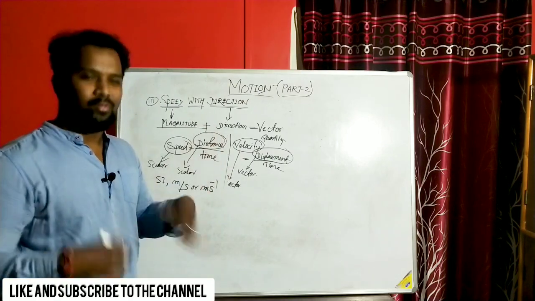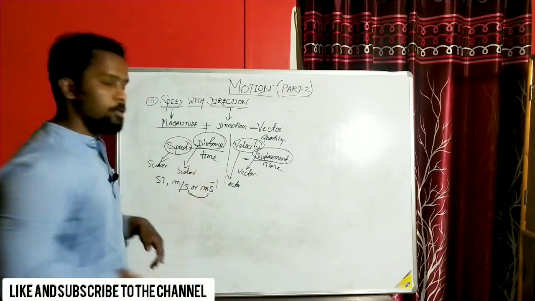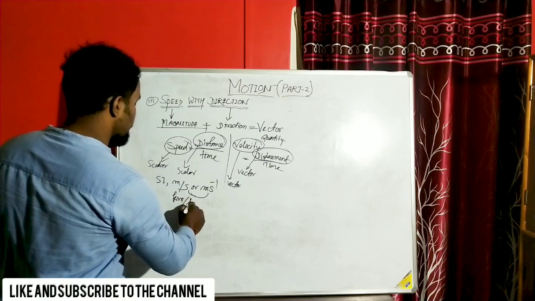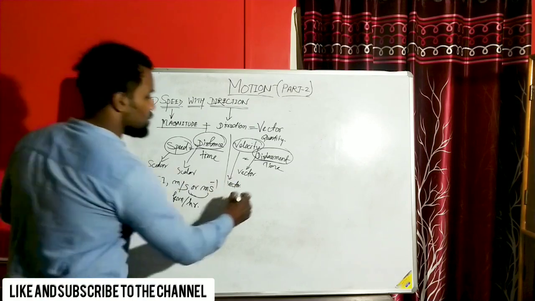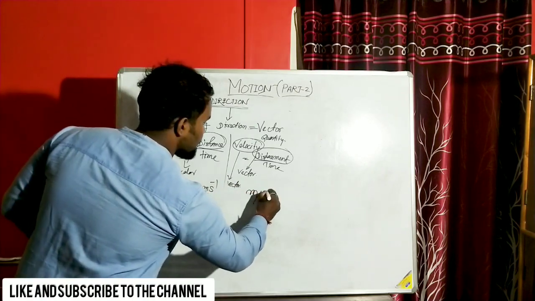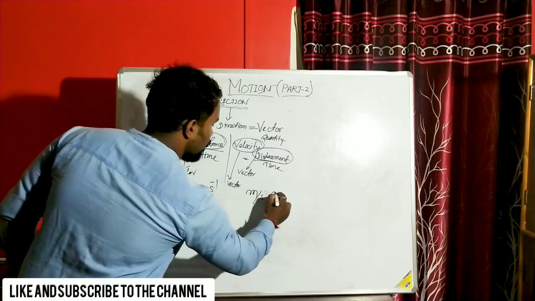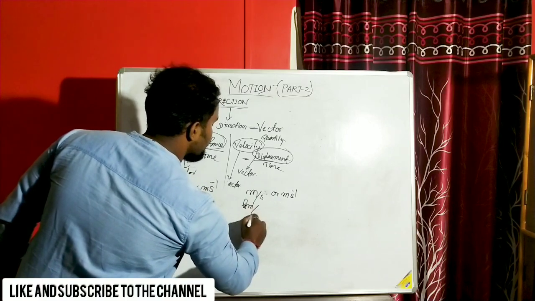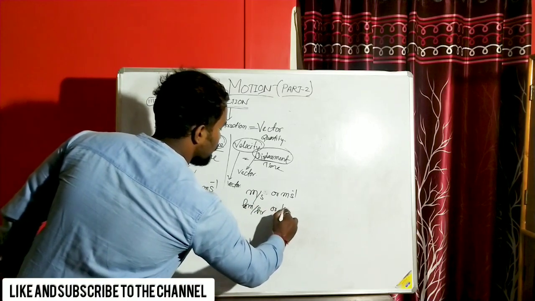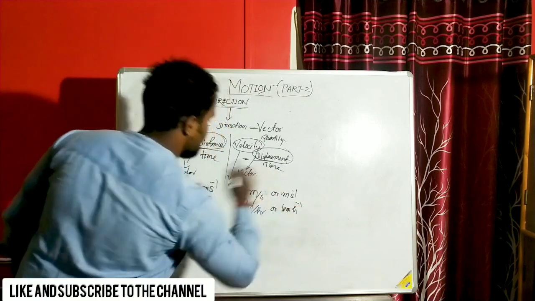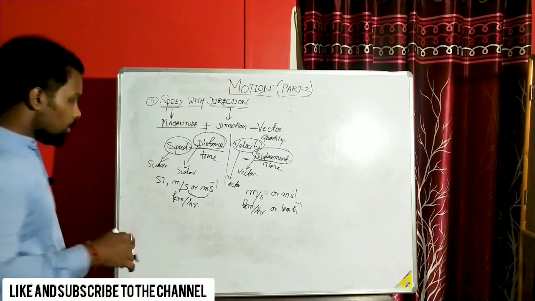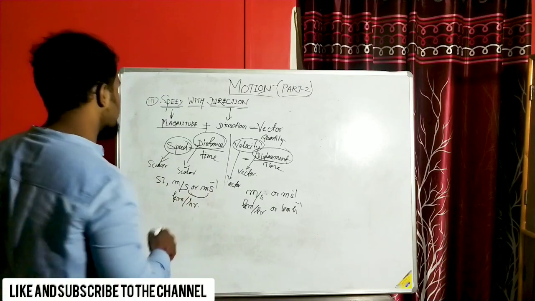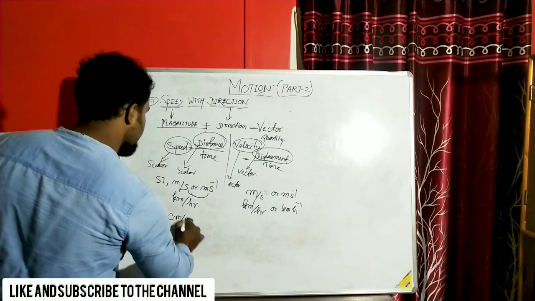Or one more unit is kilometer per hour, or kilometer hour inverse. Understood? One more unit is the CGS unit, centimeter per second.